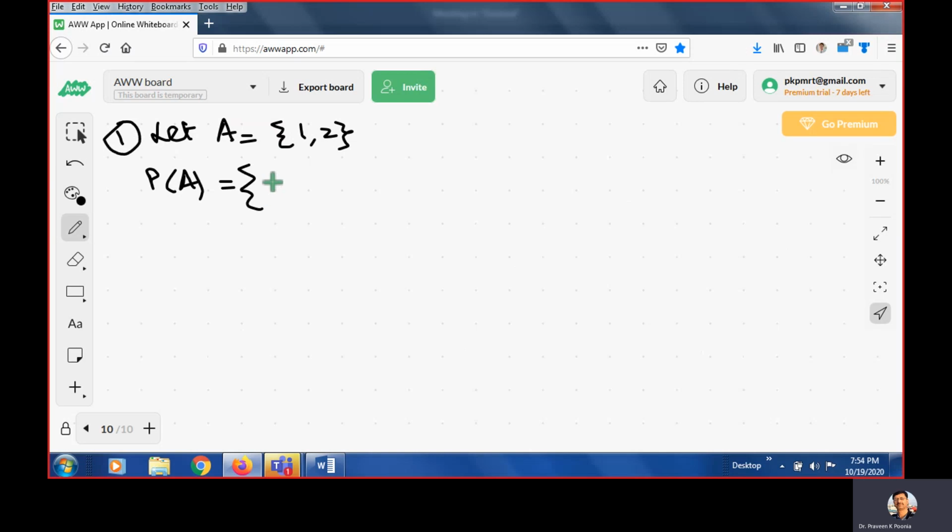What is the power set? I told you how to find the subsets. First, the null set. Then 1. Then 2. And then 1, 2. So this is defined as the power set.